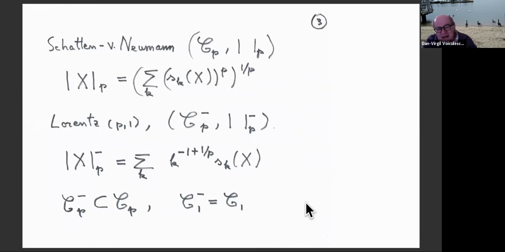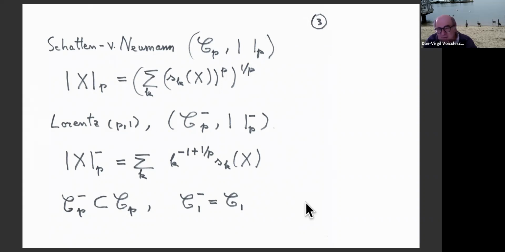Among these, there are the Schatten-von Neumann classes, the C_p normed ideals with the p norm. The p norm of X is the sum of these s-numbers to the power p, to the power 1 over p. It's a little l_p norm of the sequence s_k. And then among these, for me, the Lorentz (p,1) ideals will play a very important role.